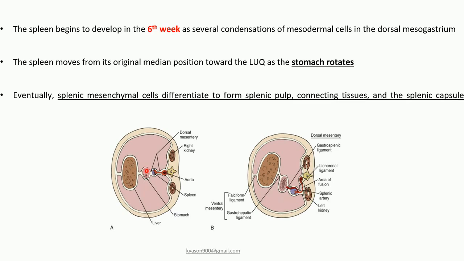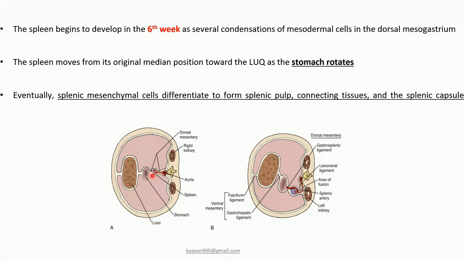The connection to the anterior body wall is called the ventral mesogastrium, and the connection to the posterior body wall is called the dorsal mesogastrium. Within the ventral mesogastrium, mesodermal tissue of the septum transversum forms the liver. We covered that last time.